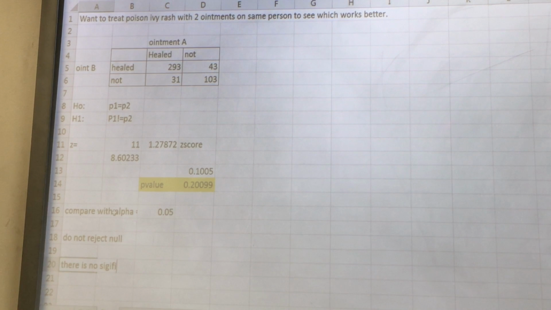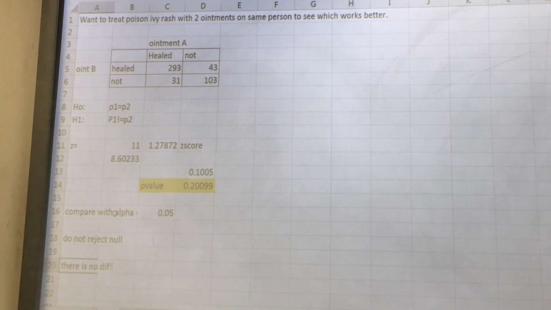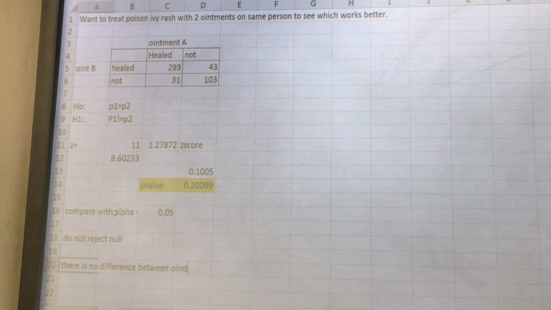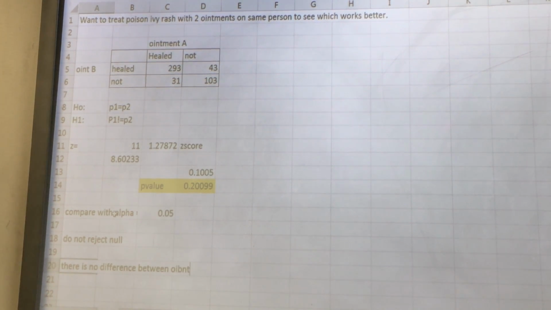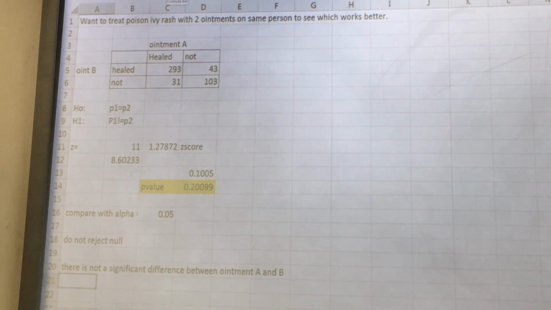Not significant, or maybe I should say no difference between ointment A and B. Or maybe I shouldn't say no difference. There's not a significant difference. I'll put that. Not a significant difference between ointment A and ointment B.